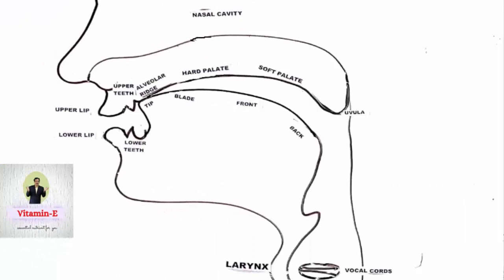In case of sounds like t and d, which are termed as alveolar plosives, you will find that the air is moving in an upward direction and is obstructed by this raised uvula in order to stop it entering the nasal cavity.